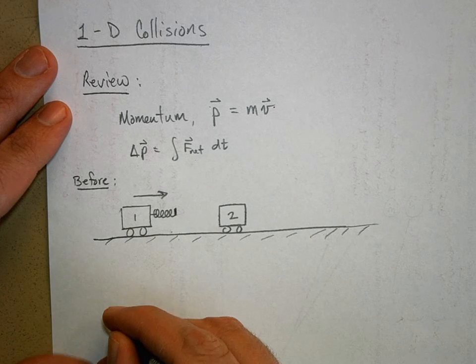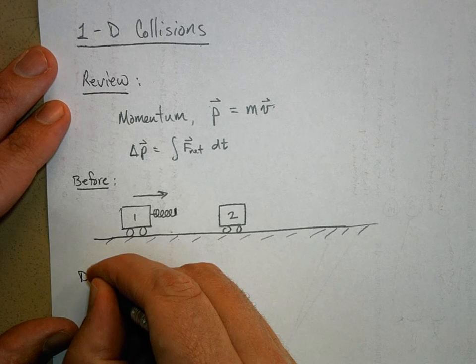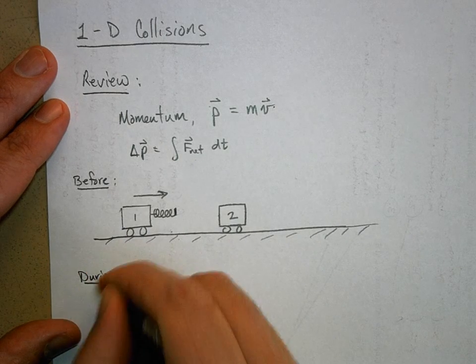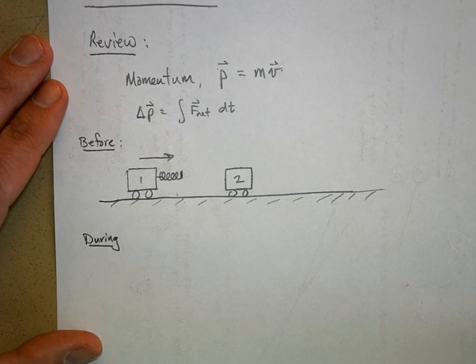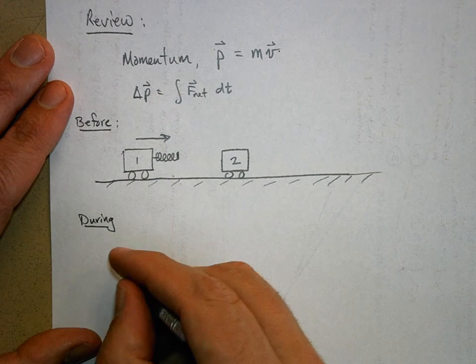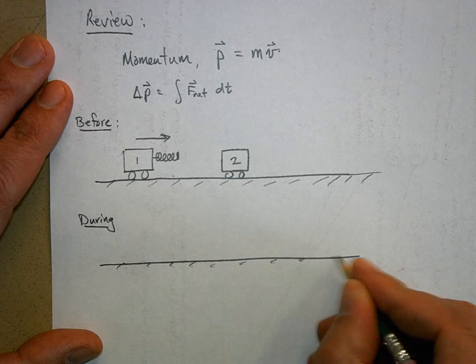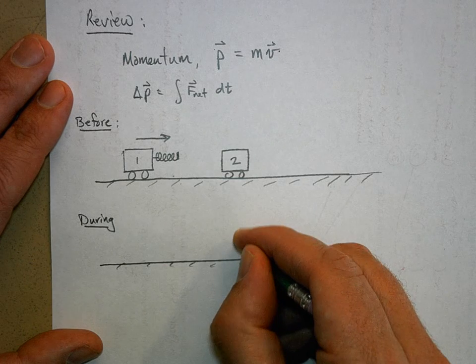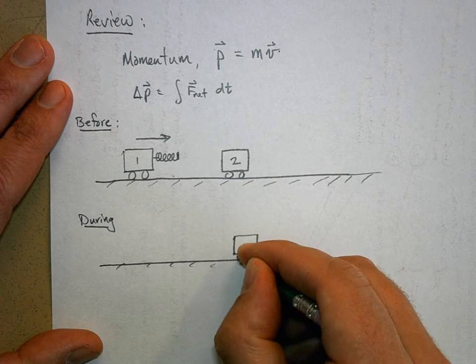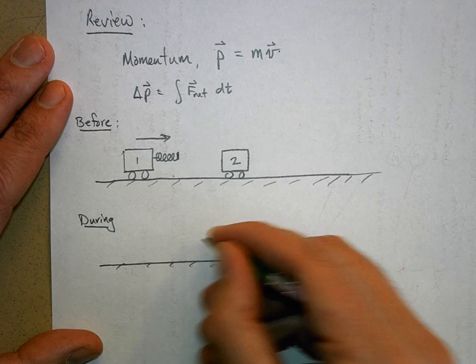Now, during the collision, here's object 2, and here's object 1.